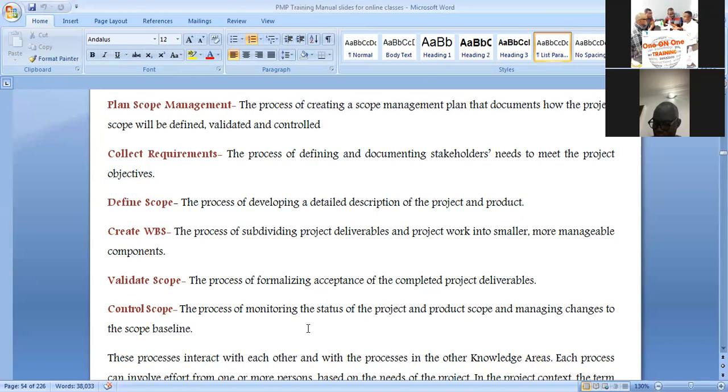The product scope is what the client, the customer, wants from us. Why the project scope is how and what we will do to give them what they want from us. So two kinds of scope.